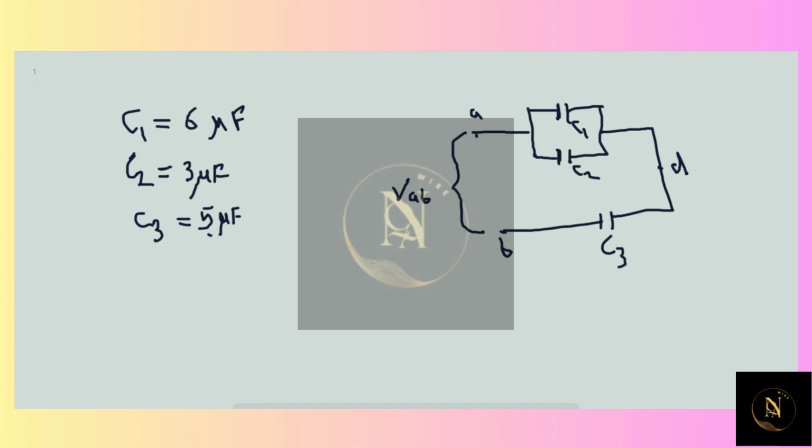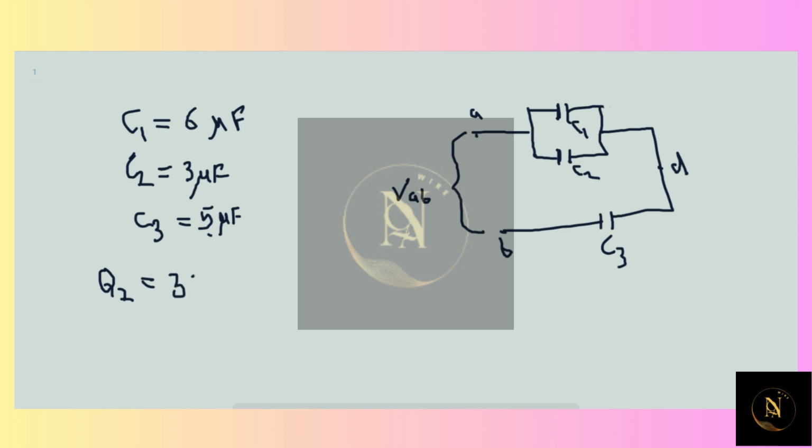So some potential difference is applied between these two points A and B, and it is given that after the charges on each of the capacitors have reached their final values, the charge on capacitor C2 is given to be 30 microcoulomb. So the charge Q2 on the capacitor C2 is 30 microcoulomb.